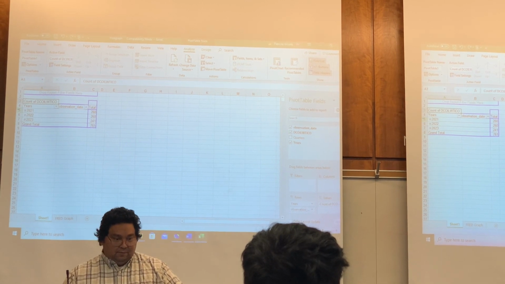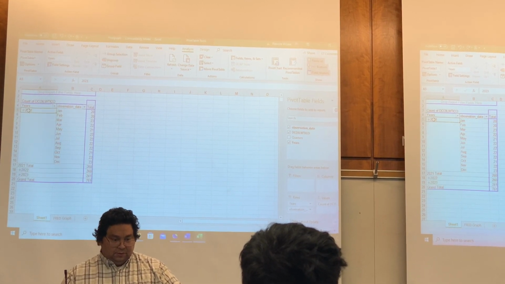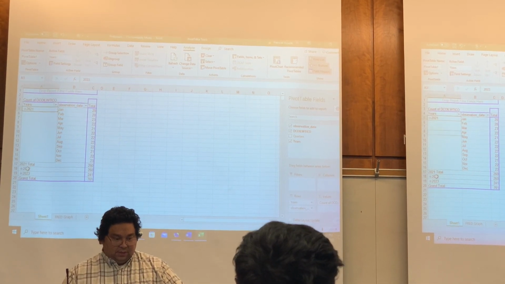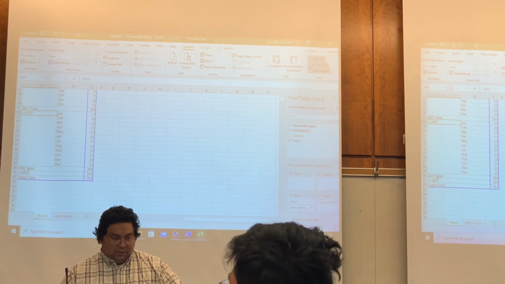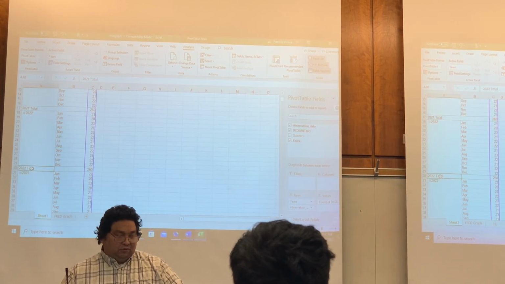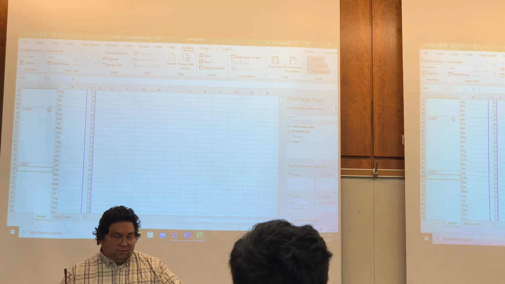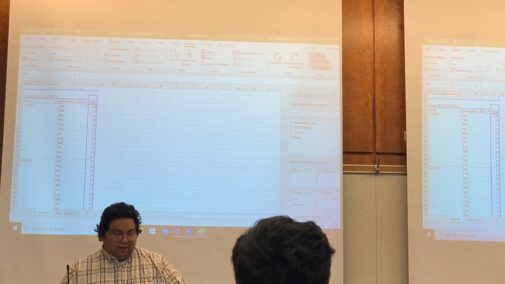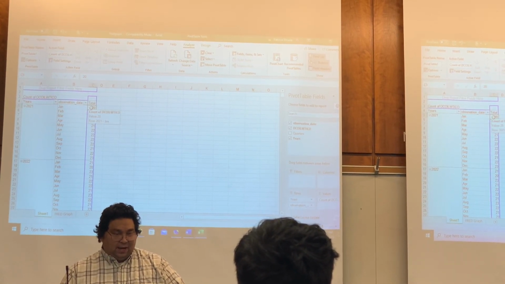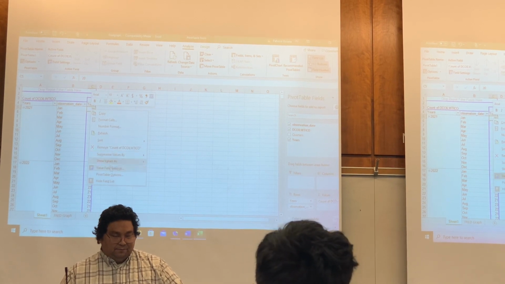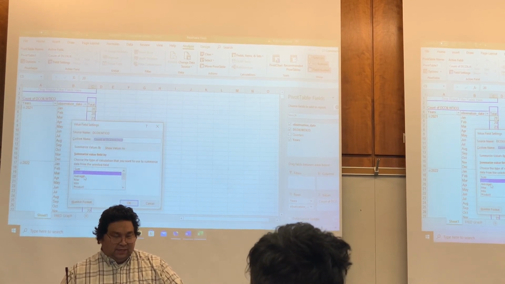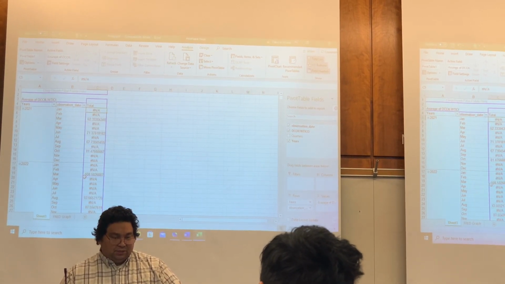Actually, what is here? I have this, I have this, and I have this. I don't need the totals, so we can remove the totals. Do you see here? But I don't need the counts. I need value field setting, and I need the average.